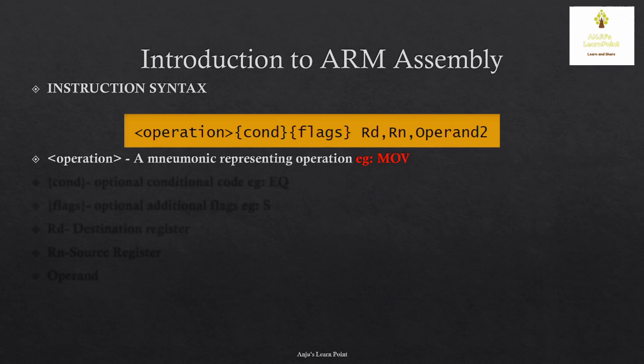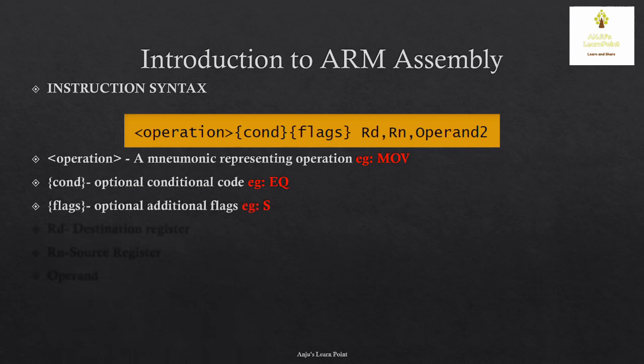Operation means the mnemonic which represents that particular operation, that is, it can be move, it can be add, etc. Following it is the condition, or the optional conditional code. For example, EQ is an optional conditional code. Next is the flags. It is another optional value which shows the flags.